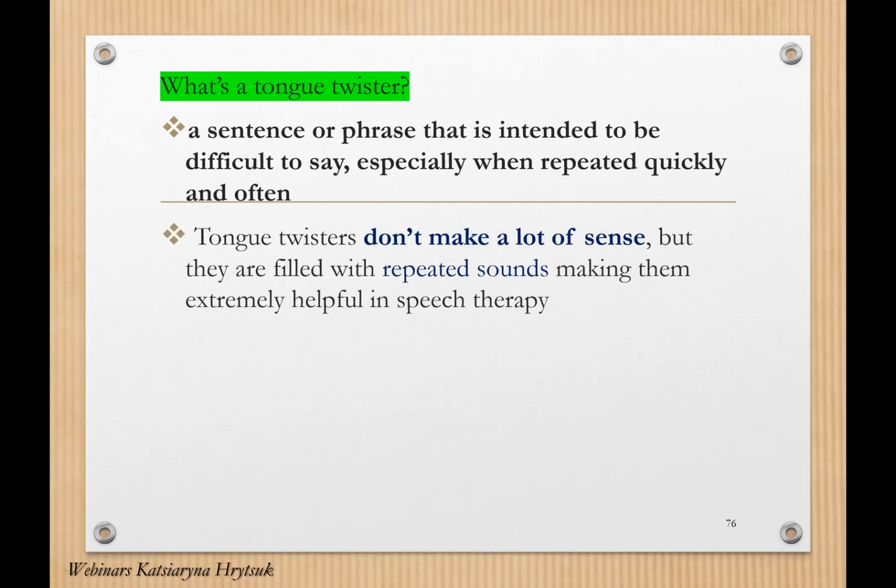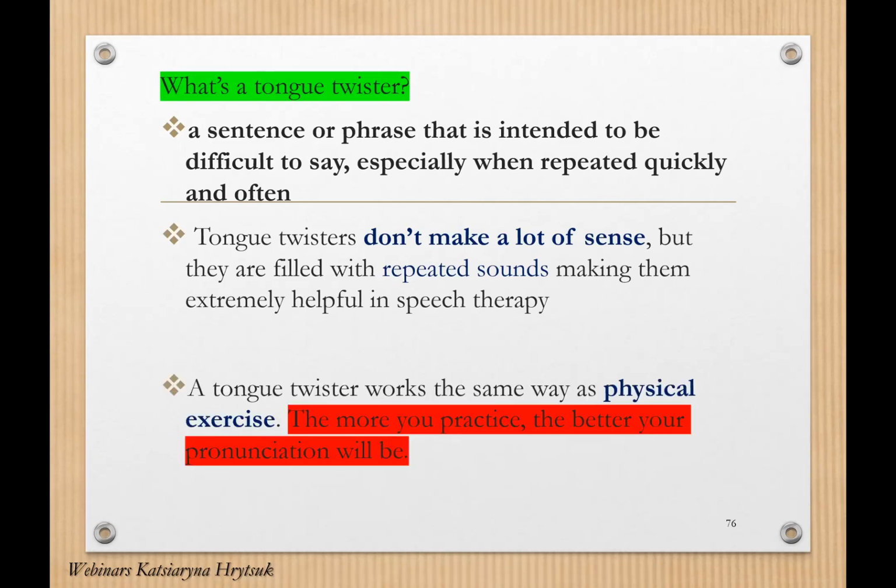Sometimes tongue twisters don't make a lot of sense, but they are filled with repeated sounds, making them very helpful in speech therapy. So sometimes no meaning, but they're very helpful.